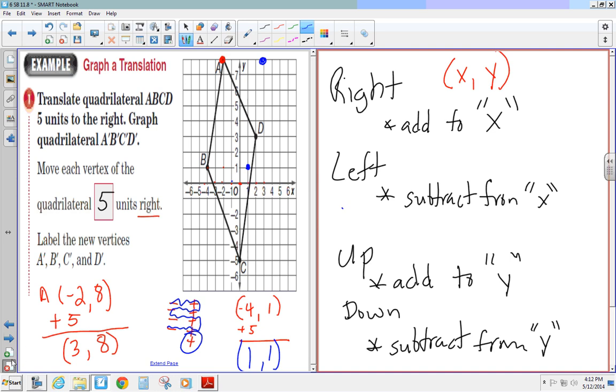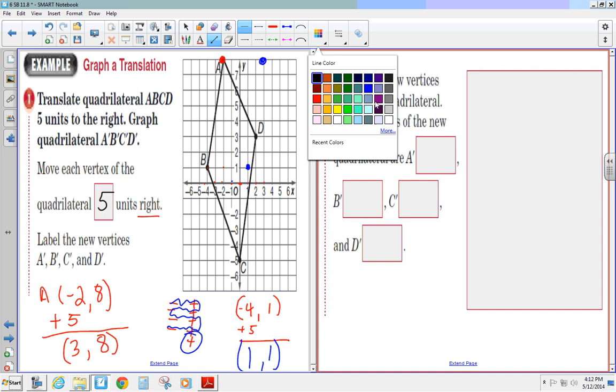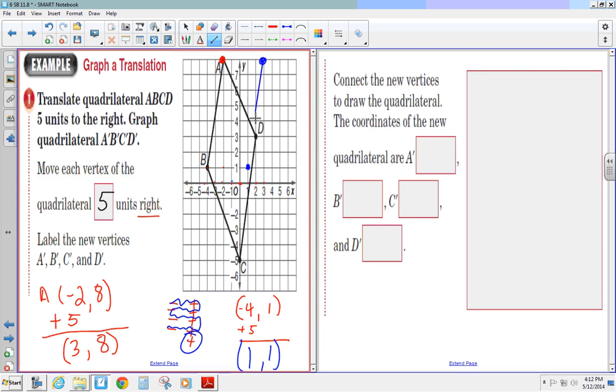If you're given the graph, you could just go ahead and draw a point there. Then go 1, 2, 3, 4, 5. Shift it over 5.